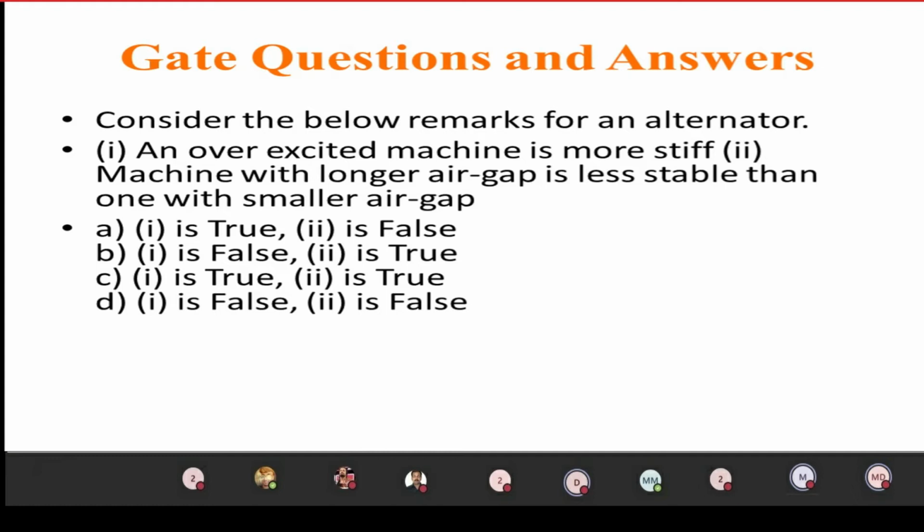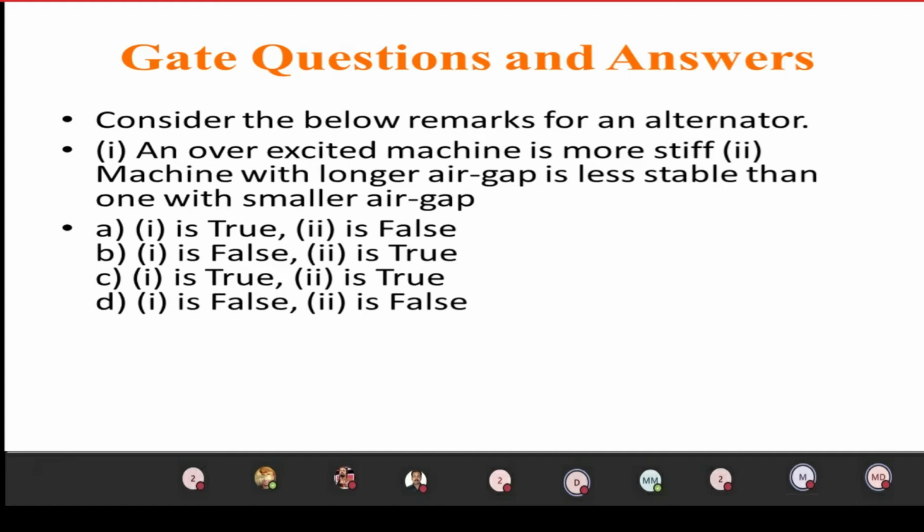Due to that, a large amount of magnetization flux is present in the air gap. So the field must produce more excitation power to maintain the magnetic field. So certainly it is unstable. Due to that, the second thing is false.